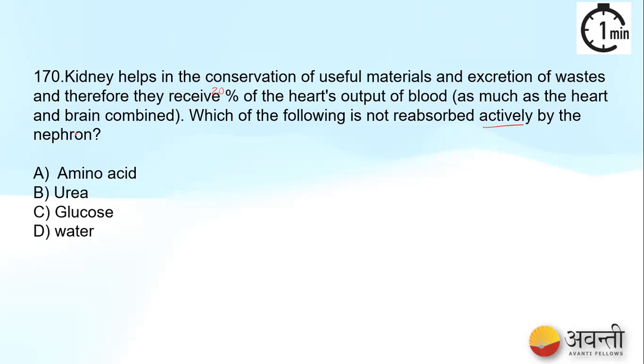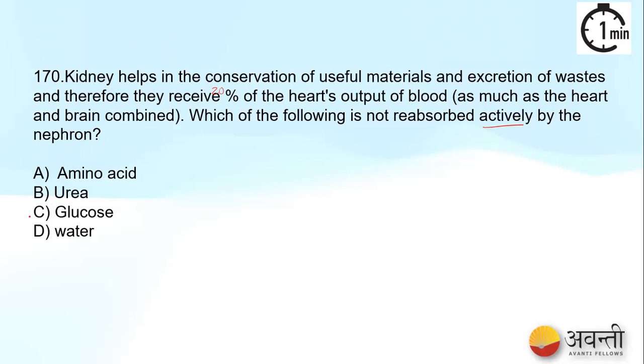Even though the facts given in this question are absolutely right, that the kidney receives around 20% of the cardiac output, because kidneys have a major responsibility, especially to remove the toxins or unwanted nitrogenous waste from the blood, to keep our body non-toxic. When we look at the function of the kidney, there is passive absorption and there is active absorption.